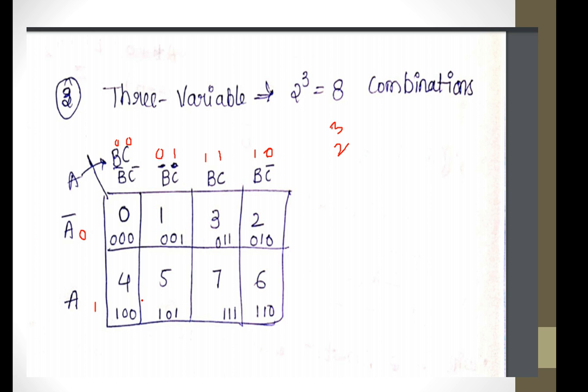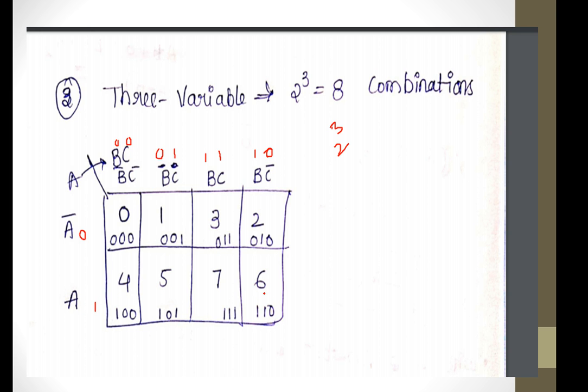Similarly, in the fifth cell, in this row A, B bar C bar, so 100, that is 4, and A B bar C, 101, that is 5. In this row I have A, and in this column I have B C. A B C means 111, that is 7, and A B C bar, A is 1, B is 1, C bar is 0, that is 6.